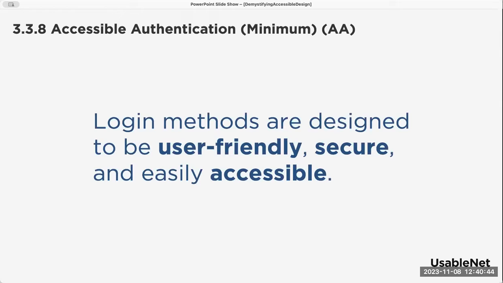And this criterion requires any login method to be accessible. And in order to achieve that, it doesn't have to make users remember, transcribe, or solve a puzzle without sufficient help, and alternative methods of authentication must always be available.